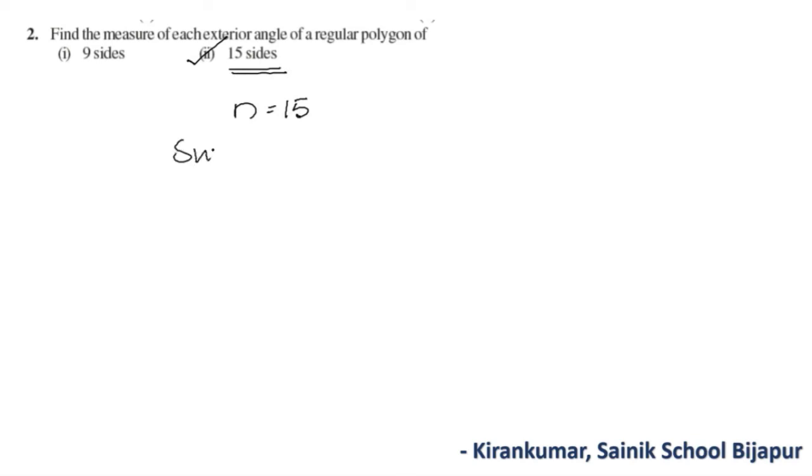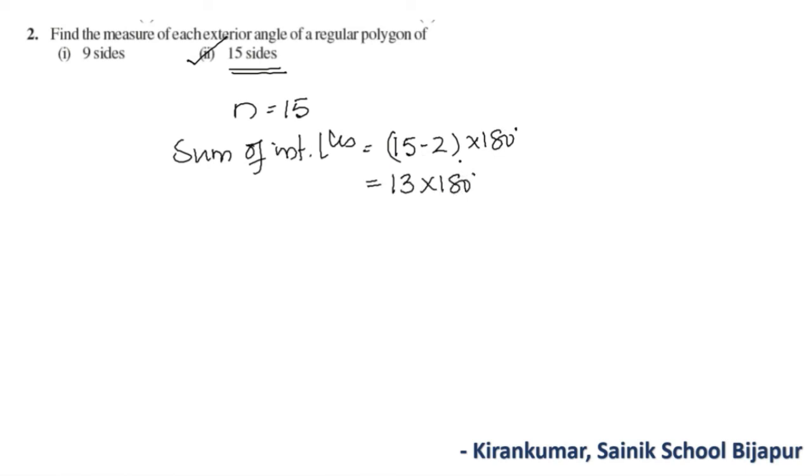So the sum of interior angles is 15 minus 2 into 180 degrees, which is 13 times 180. This will be 2340. So each interior angle will be 2340 divided by 15.